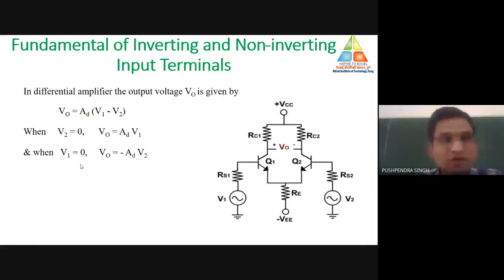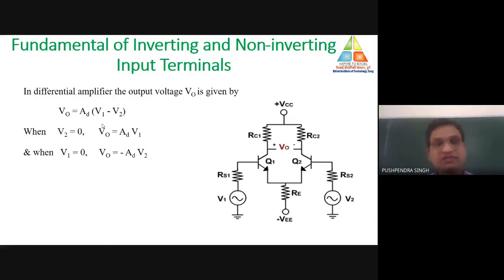Similarly, when the value of V1 is equal to 0, what is the value of output? Minus AD into V2. So here we get the sign as negative, and the negative sign is only used to identify phase. That means if the value of V1 is equal to 0, on that condition, the base terminal of transistor number 2 acts like the inverting terminal of the op-amp.